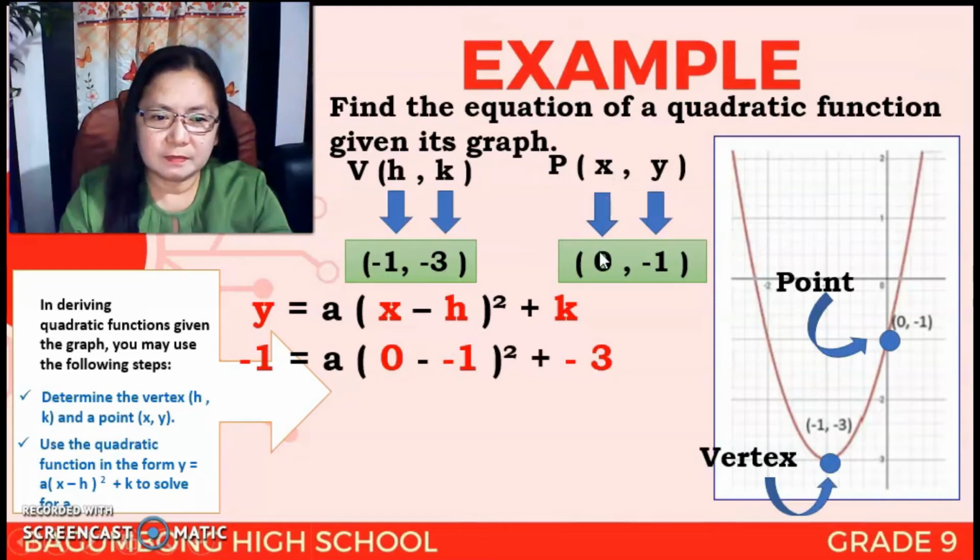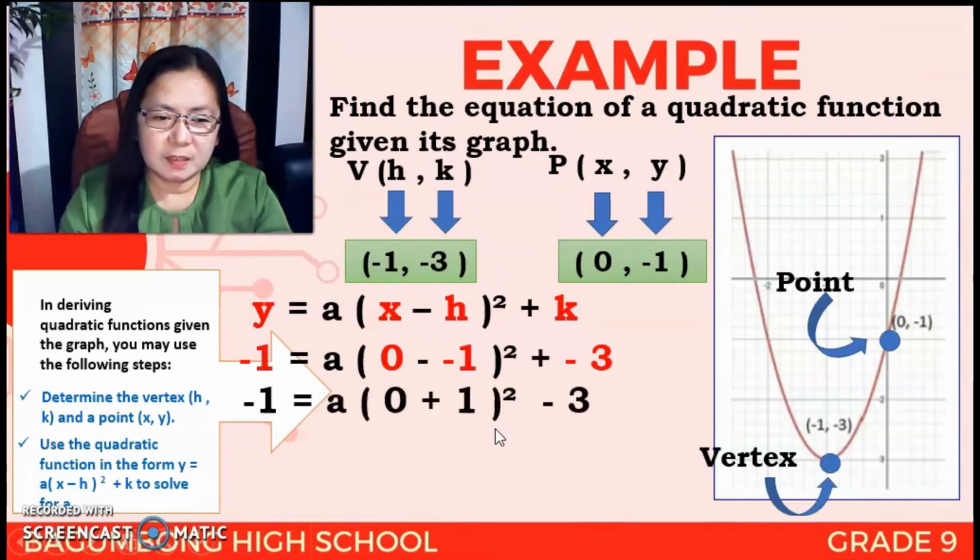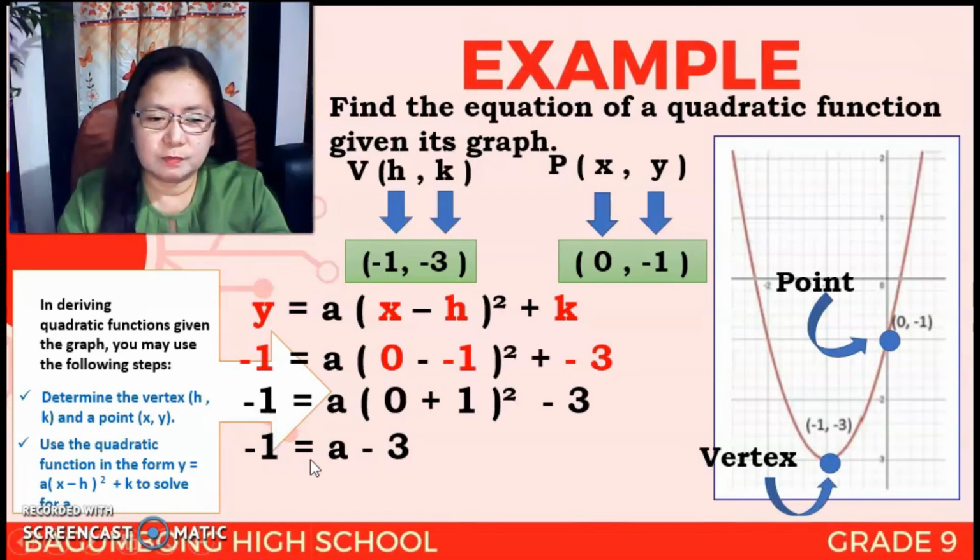And replacement for h is negative 1, and for k is negative 3. Simplify. Negative 1 is equal to a times (0 minus negative 1) squared minus 3. Negative 1 is equal to, since 0 plus 1 is 1 and 1 squared is 1, 1 times a, which is a, minus 3.